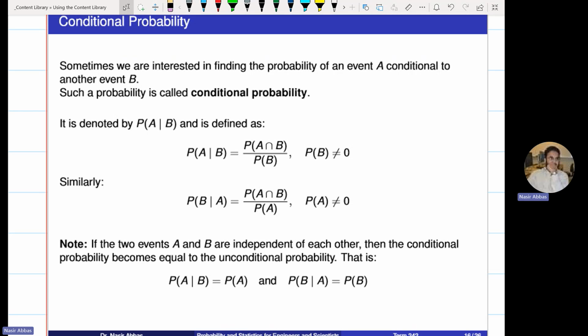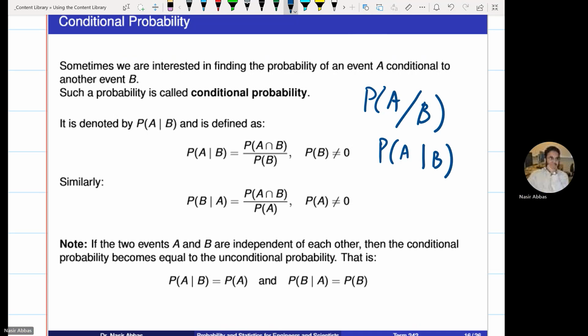It is denoted by A given B. Now remember, A given B is different from A divided by B. This is not a slash. This is a slash. It has a different meaning. This is given. This is what we will use in this course. A conditional B, A given B. It's the second one, not the first one. This is completely different.